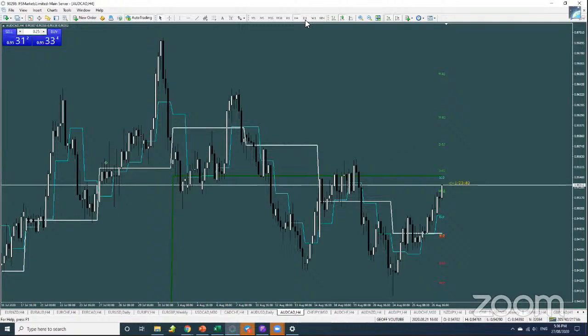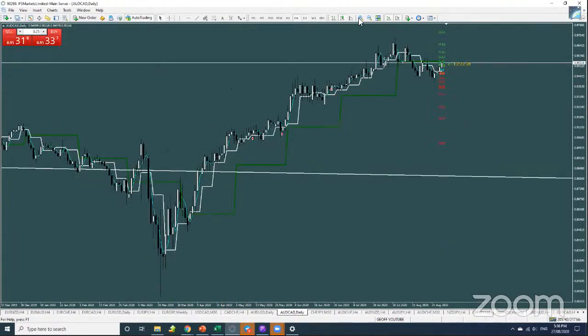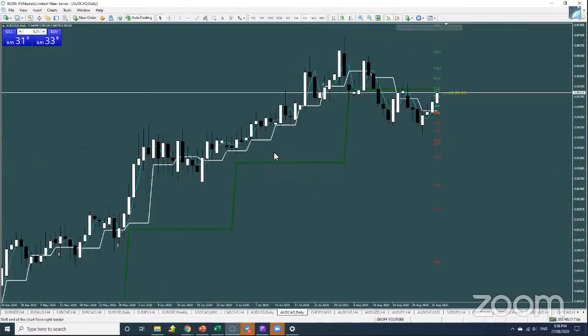Daily chart, sorry. Okay, the thing about double bottoms is that they have to be at the bottom. All good, Jay Chan.